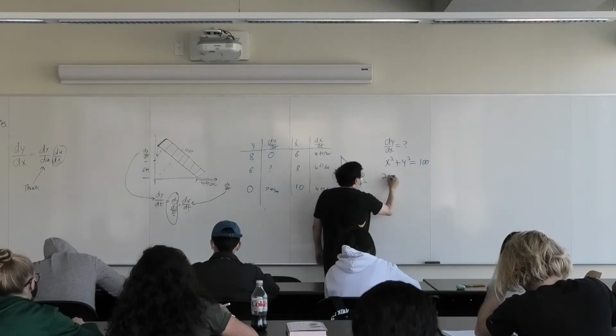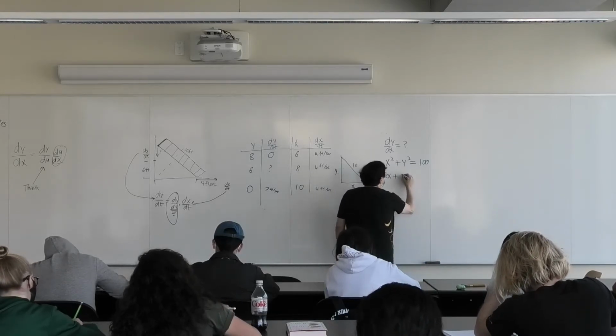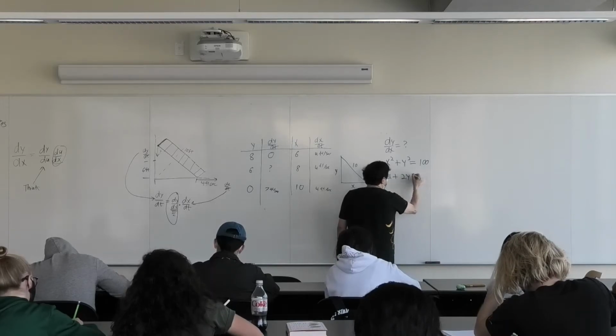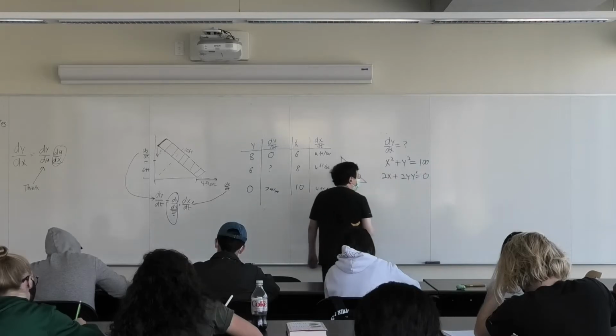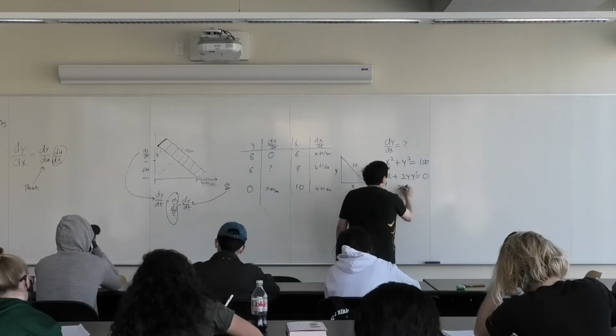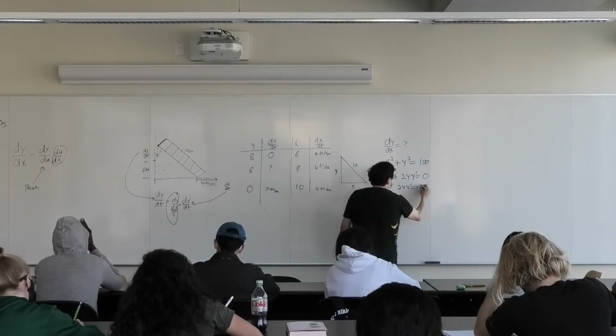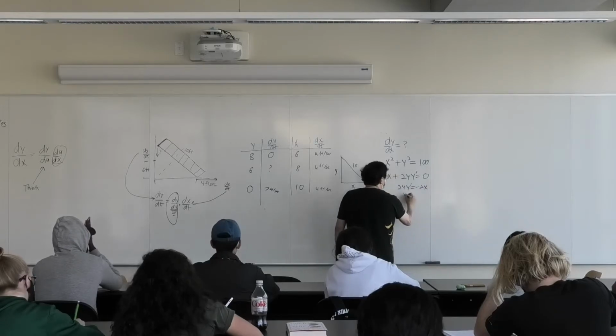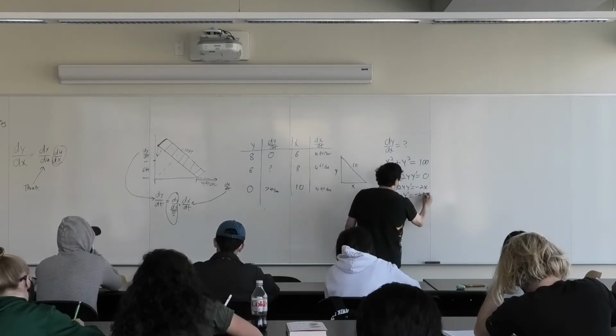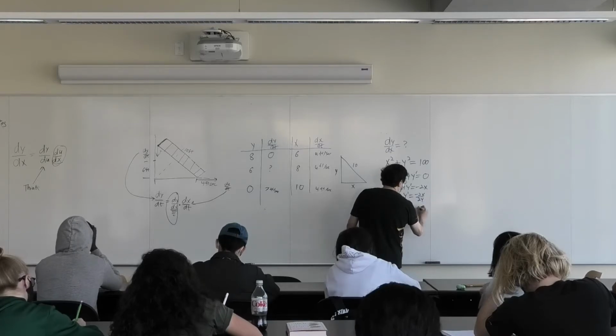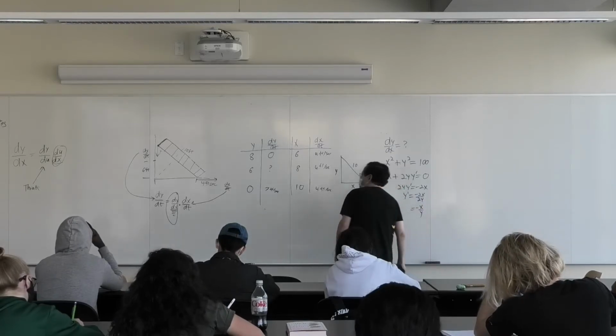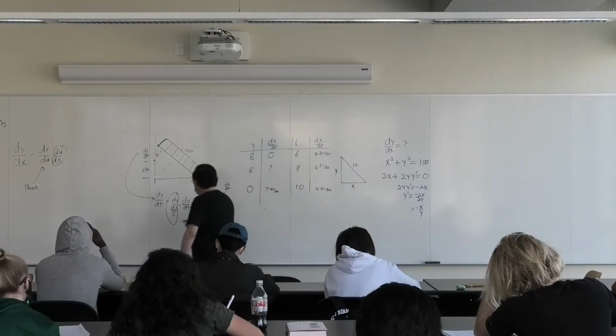It says 2x plus 2y, chain rule, y prime equals 0. So 2y y prime equals negative 2x, or y prime equals negative 2x over 2y, which is of course negative x over y. Now we know what to plug in here.